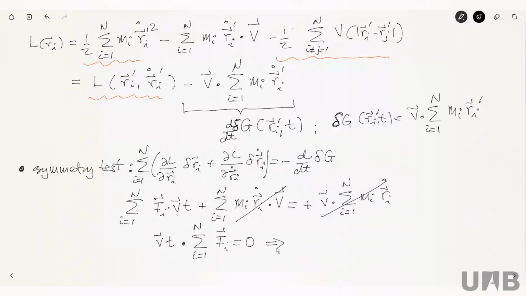And this means, does this mean something special or not? What is this thing telling us? The symmetry test seems to tell us, since these two terms are the same and they cancel out, that now this whole thing has to vanish.